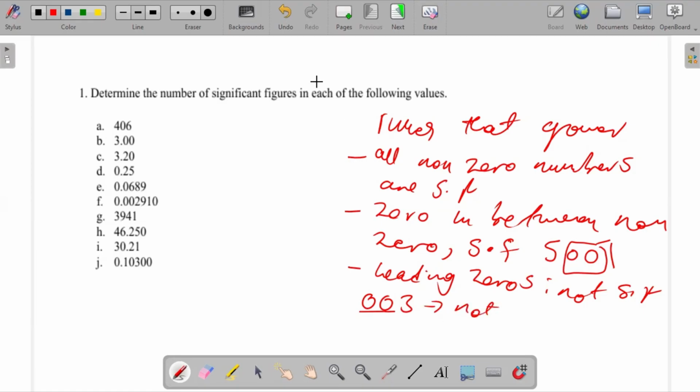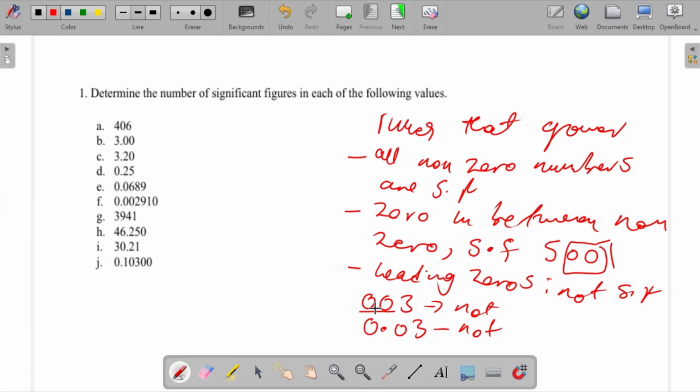Now let's bring a point. Let's say you're having 0.03. These zeros are still in front of a non-zero number, so in this case, these zeros are not going to be significant as well. That tells you that any zero in front of a non-zero number, as long as there's no other non-zero number before it, is not going to be significant.